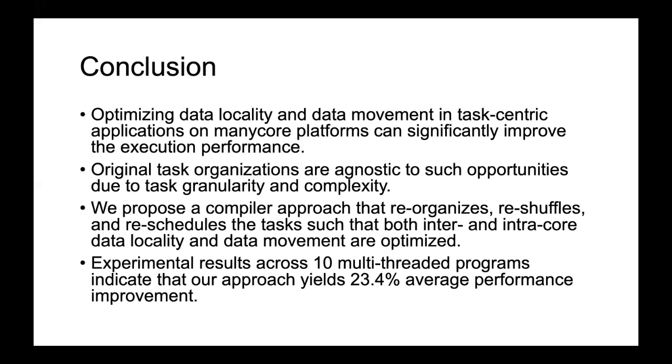So in this paper, we propose a compiler approach that reorganizes, reshuffles, and reschedules the tasks such that both inter- and intra-core data locality and data movement are optimized. Experimental results show that our approach effectively reduces the L2 misses, the row buffer misses, and also the data movement, and it yields 23.4% performance improvement.